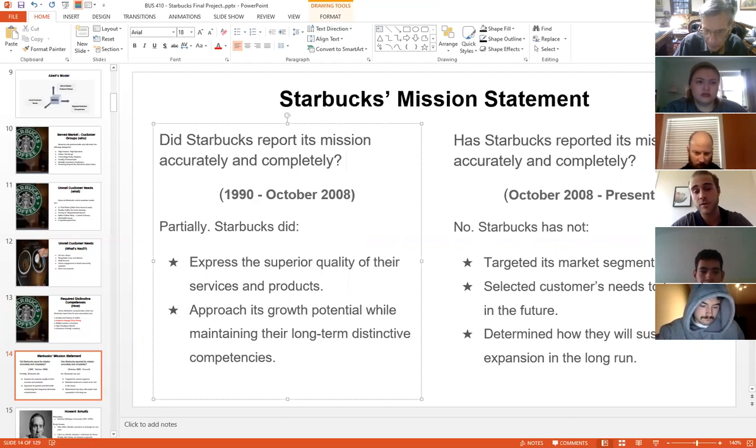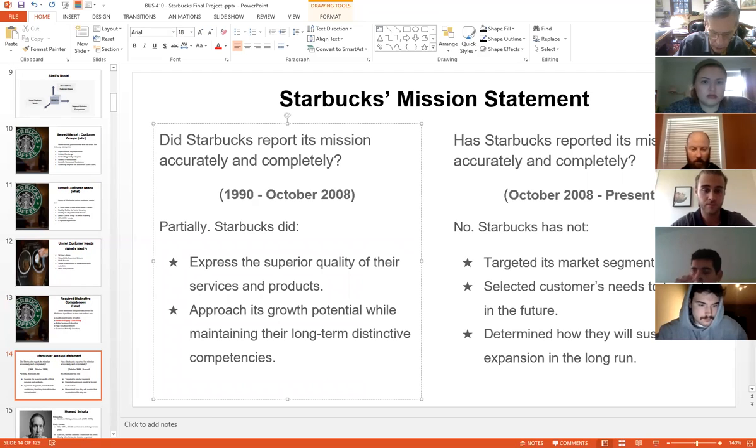And then for the present mission statement, we reached the conclusion that Starbucks did not report its mission accurately and completely. Starbucks has not targeted its market segment, has not selected customer needs to be met in the future, and Starbucks has not determined how they would sustain their expansion in the long run.